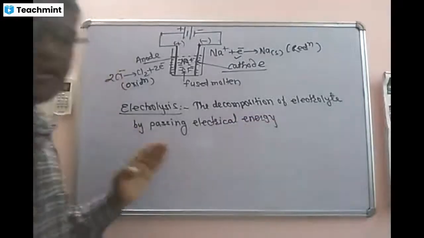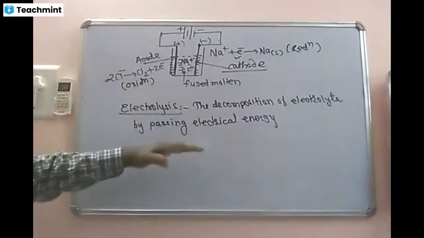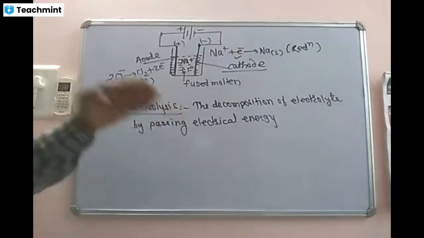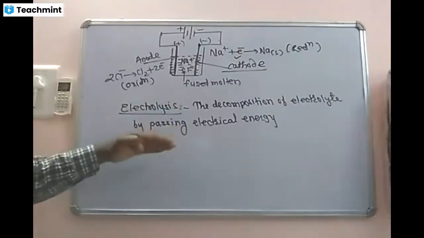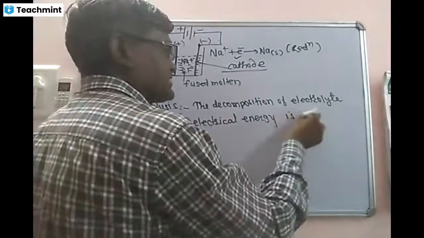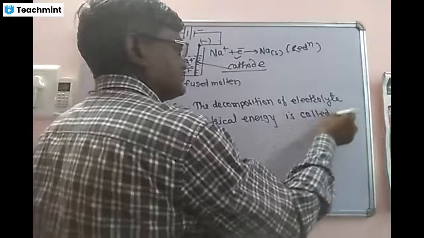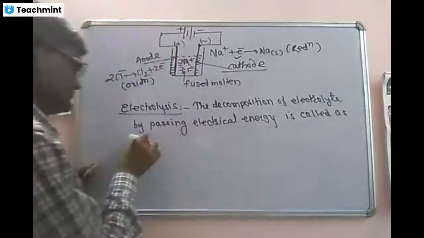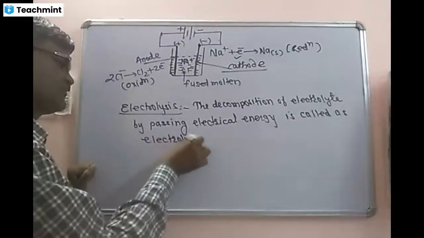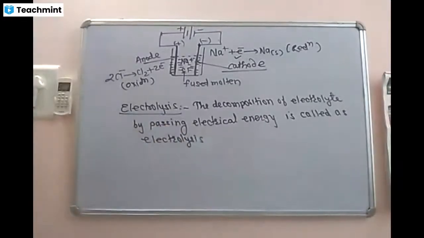So you are using a battery or a cell to pass the current through. That means you are using electrical energy in this case. So this decomposition of electrolyte by passing electrical energy is called electrolysis.